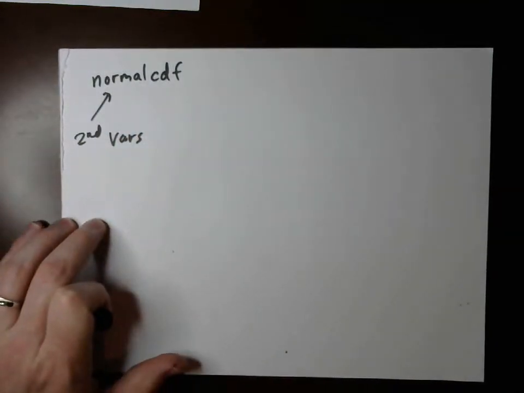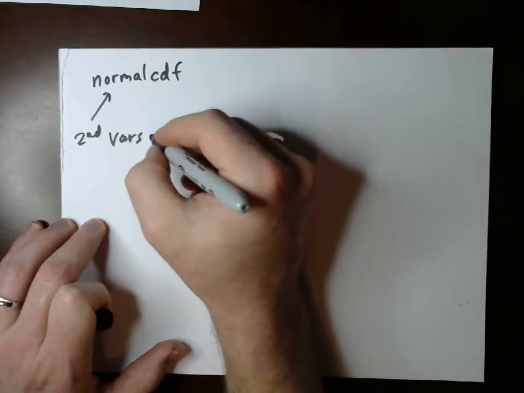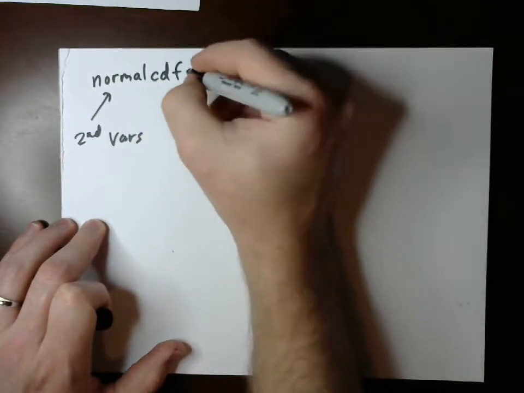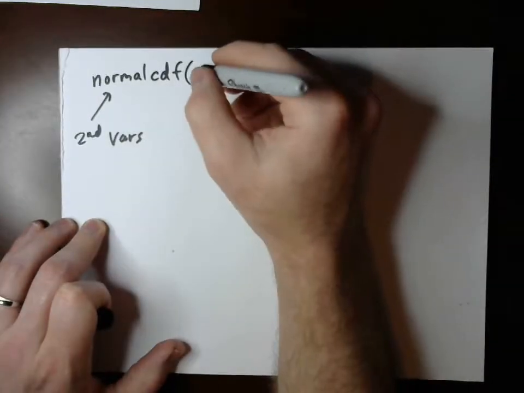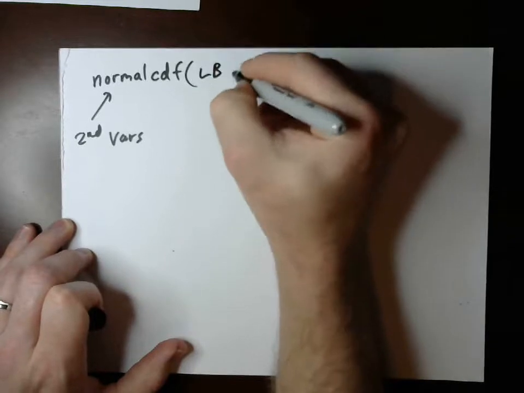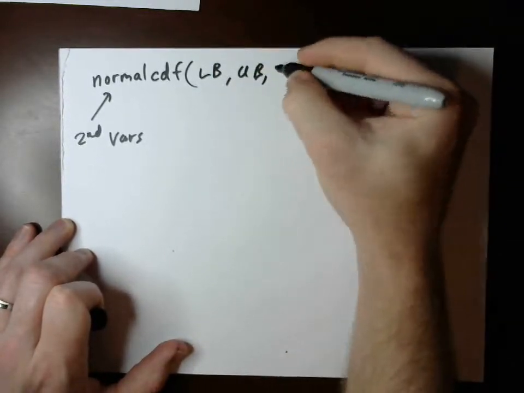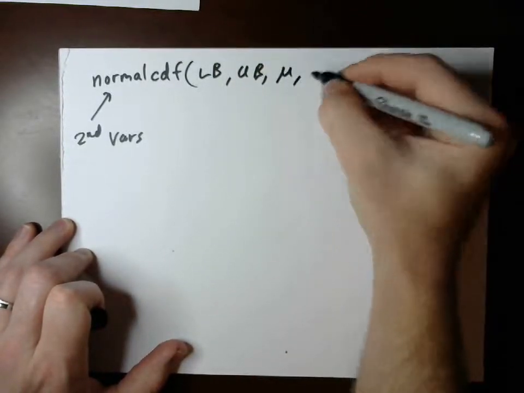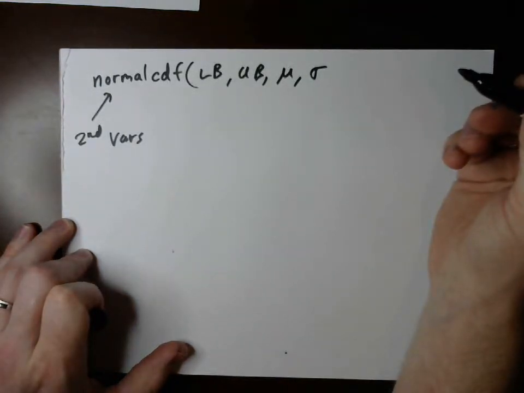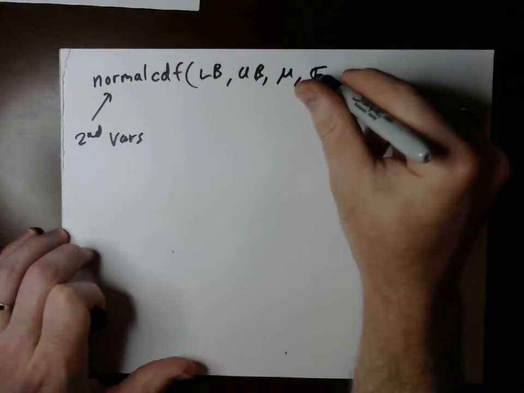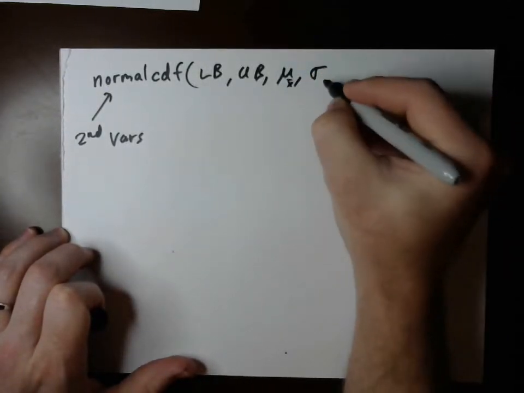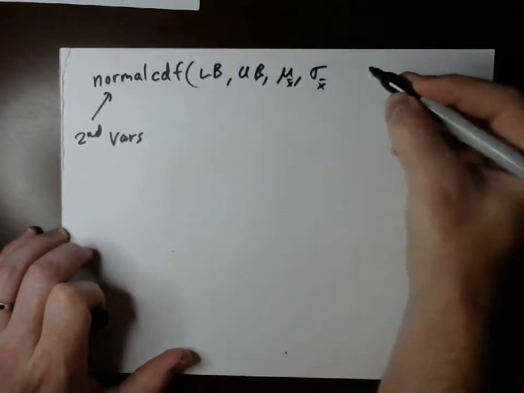Okay, and you'll notice it's the second option if you have a TI-83. So normal CDF. And then you'll put the lower bound, upper bound, mean, and standard deviation. Okay? And we want the mean and standard deviation of the sampling distribution. So more accurately, we would want x bars here. Okay?